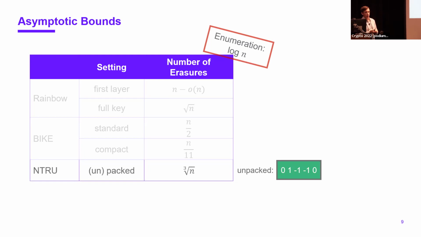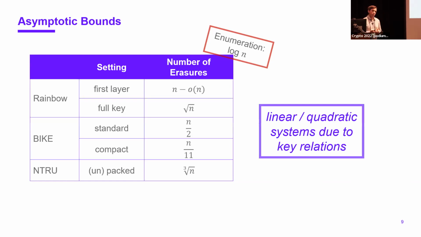So there is an encoding which actually packs a certain amount of this into a more dense representation. And in all cases here, we basically achieve our results by first deriving a linear or quadratic system due to the public-private key relations. And then, given the leakage, we eliminate variables from these systems. And then we solve it by Gaussian elimination or by linearization.